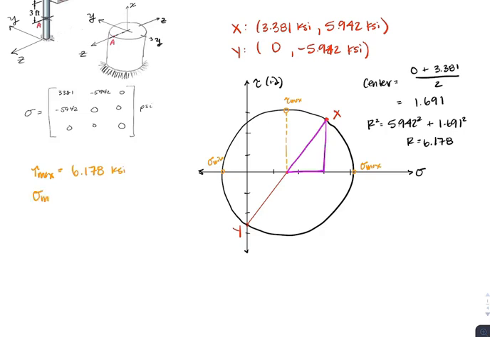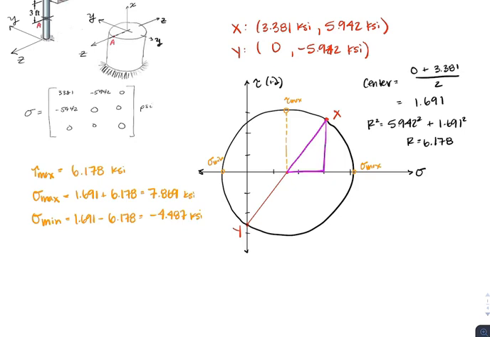Our sigma max is equal to our center plus the radius: 1.691 plus 6.178, which is 7.869. Similarly for sigma min, we subtract the radius from the center: 1.691 minus 6.178, which gets us a value of negative 4.487. These are both in KSI.